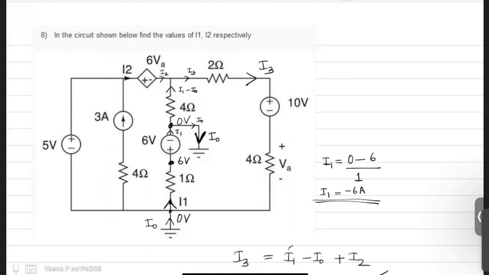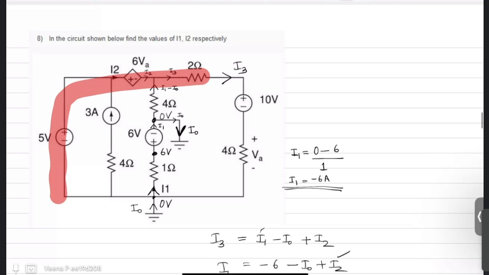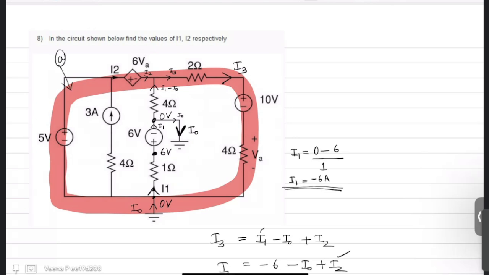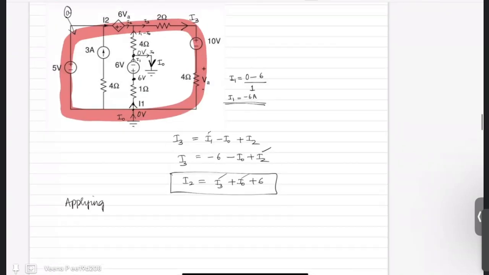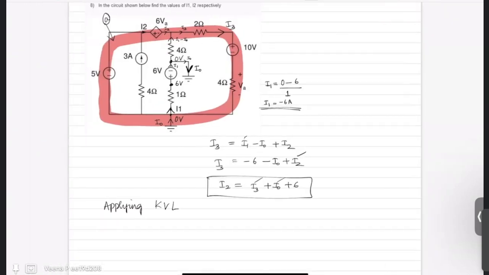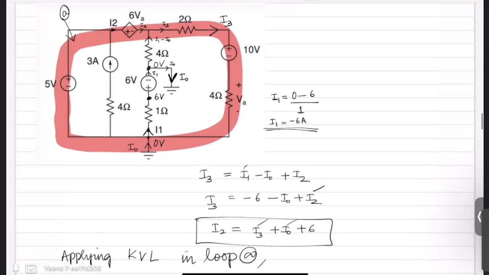Now I am taking this loop, outer loop, and I am applying KVL. So let this loop be A. So applying KVL in loop A, you see there is 5 volts.